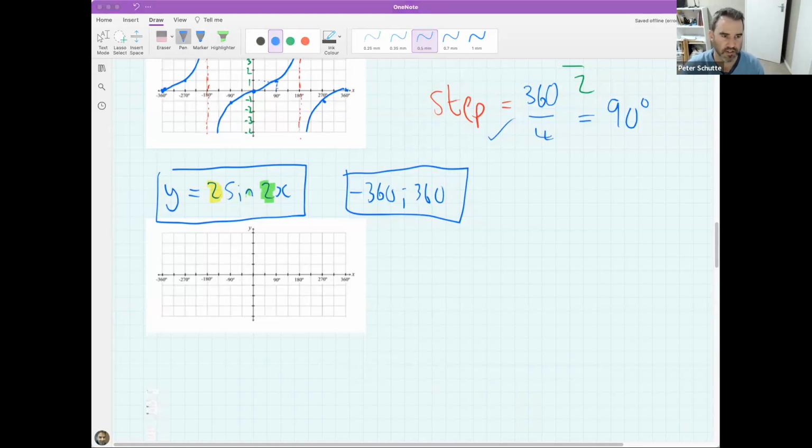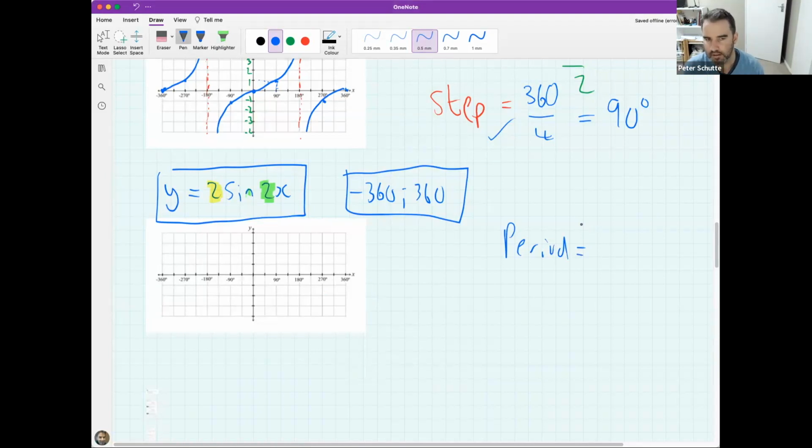Let's finish with this one for today. Let's see if we can draw this one. So 2 sine 2x. Now, what is the period of this graph going to be?